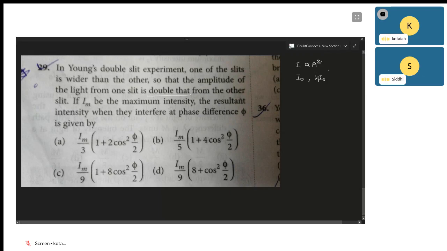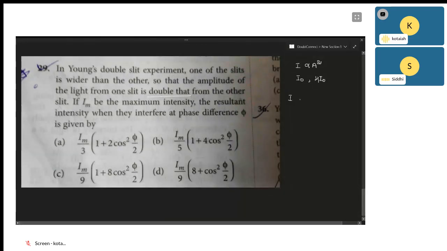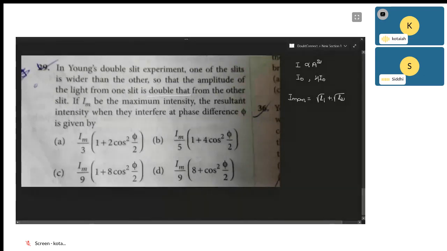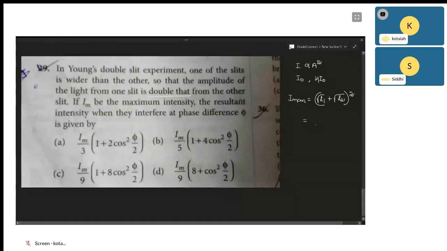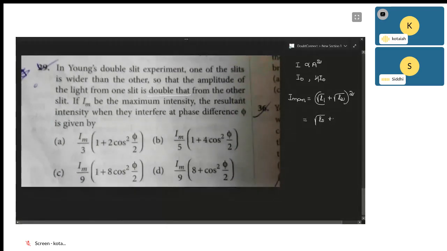Now, if Im is the maximum intensity, now remember the maximum intensity I max is equal to root of first intensity plus root of intensity of the second wave whole square. This is the formula. Minimum means minus will come: root I1 minus root I2 whole square. So is equal to root I1 is I naught plus root I2 is 4 I naught whole square.